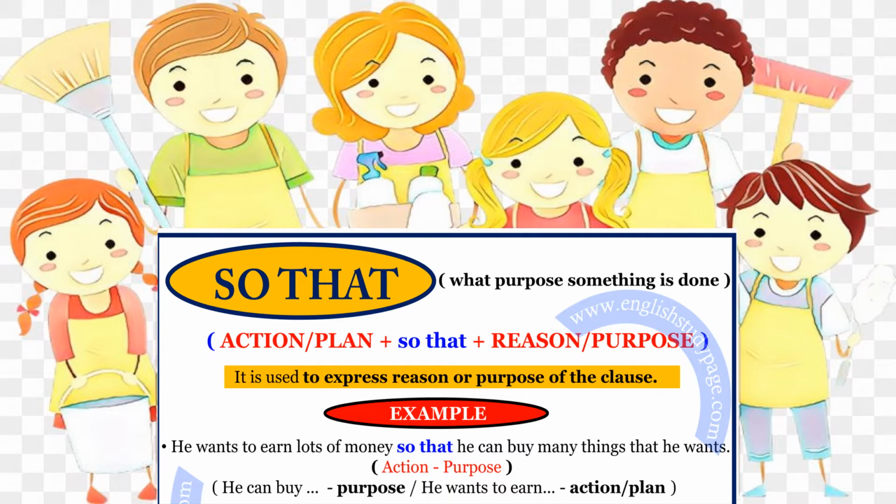So here, the action is to earn lots of money, and the purpose is he can buy many things that he wants. So after the action, we add "so that," and we add the purpose of that action.